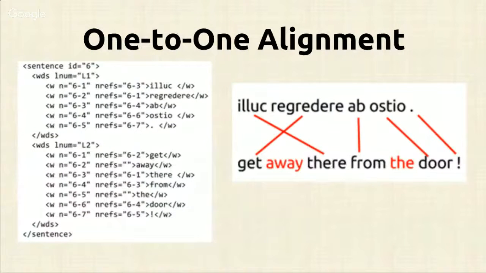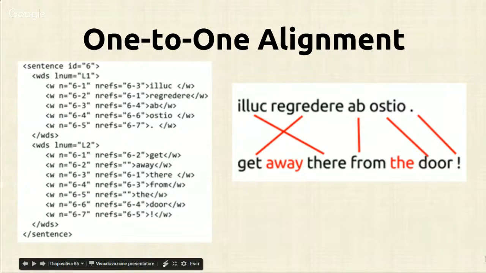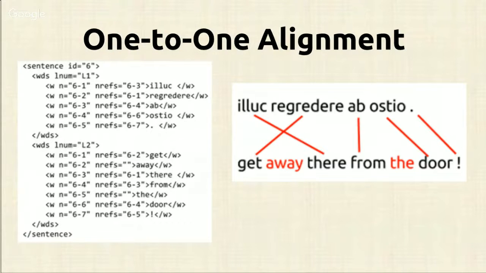Here we have an example: the source text, Greek-English and Latin-English, is available as XML files in this structure, where we have the sentence, the ID of the sentence, then a list of the Greek words, here in this example the Latin words, and the translation. Each Latin word has an ID and a reference, which means the English word that it is aligned to.